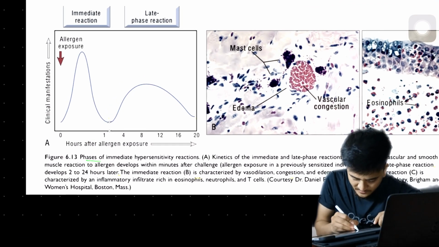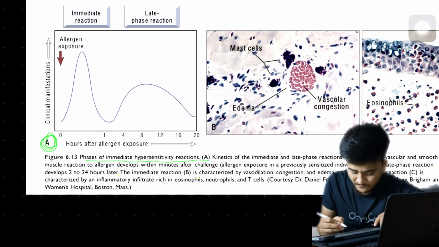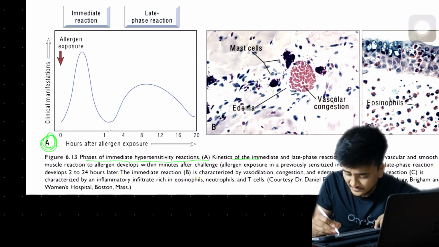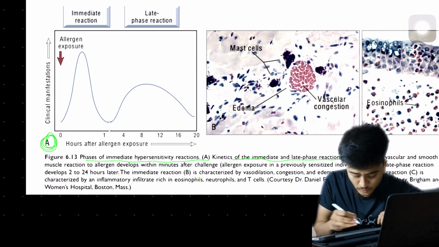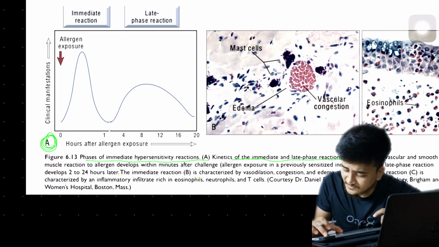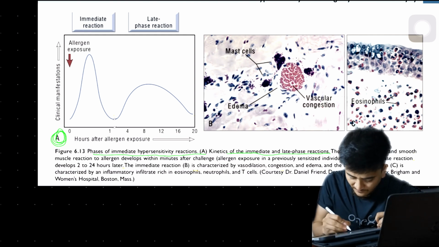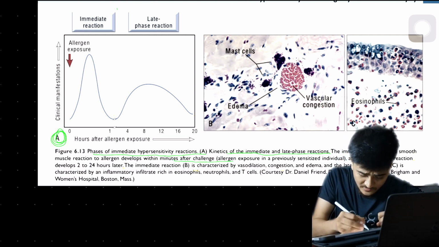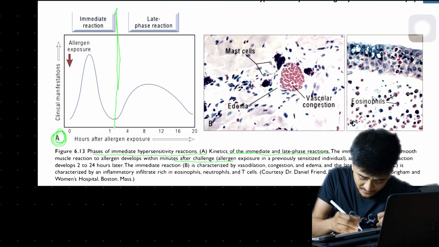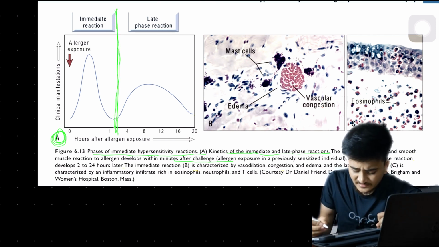Figure 1, phases of immediate hypersensitivity reactions. Kinetics of immediate and late phase reactions are shown here. The immediate vascular and smooth muscle reaction to allergen develops within minutes after challenge. That means the immediate reaction takes place within minutes of the allergen entering the body.